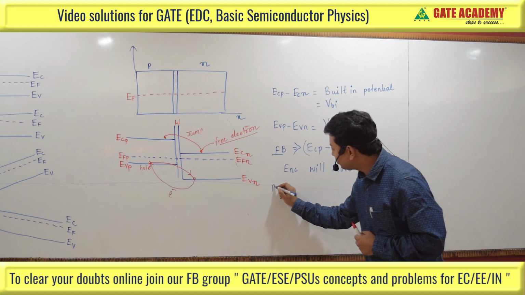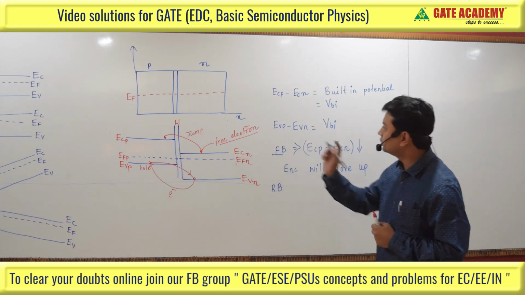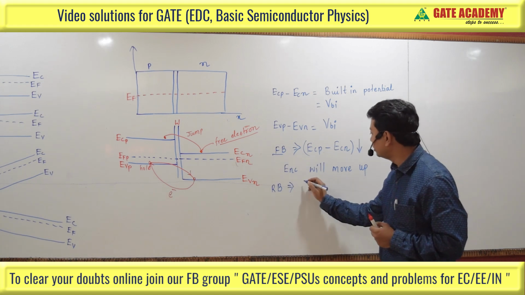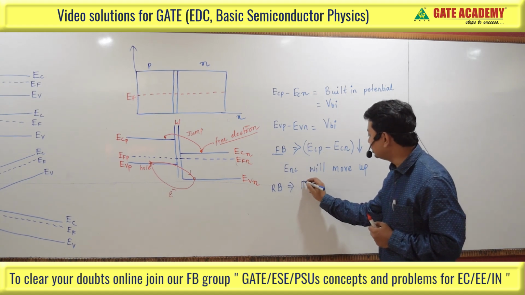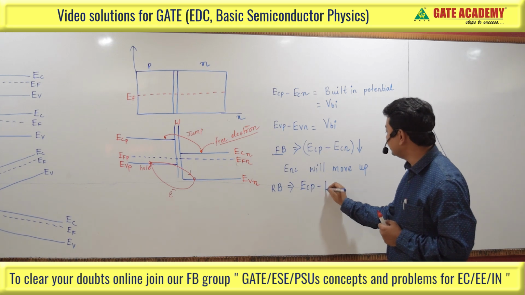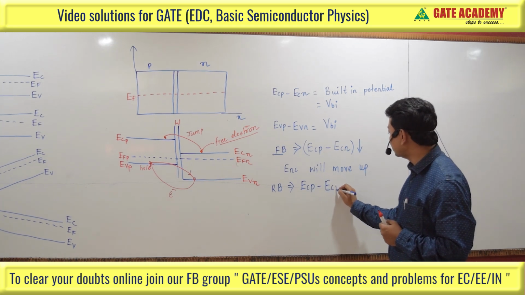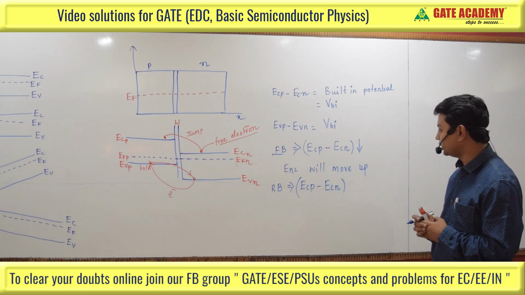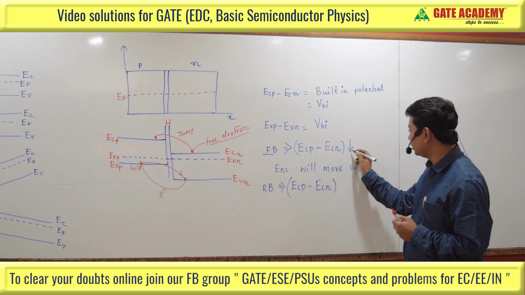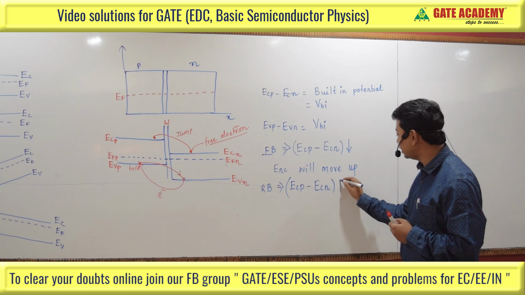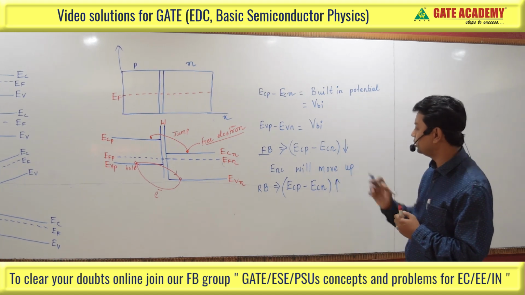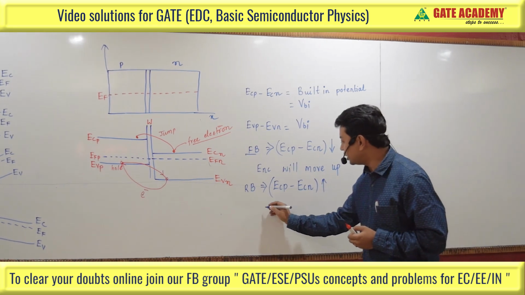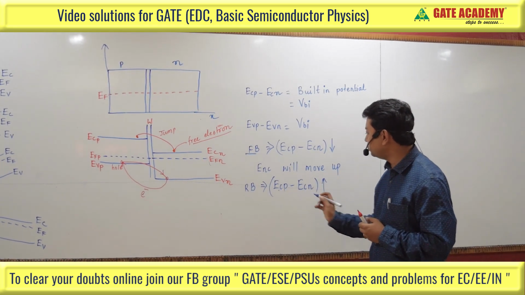And suppose we are providing a reverse bias to this PN junction diode. Then ECP minus ECN, the difference in energy between the P side and N side of the lowest energy level of the conduction band, increases, so the height of the potential barrier will increase. That means the built-in potential will get increased. So I can write that this will move up and this will move down.